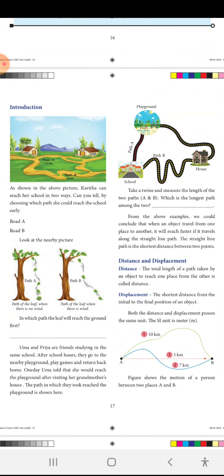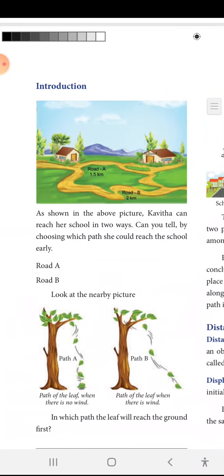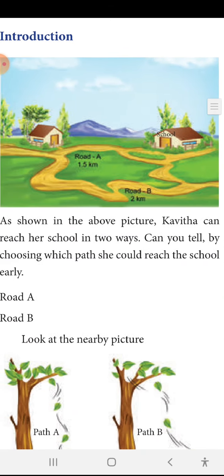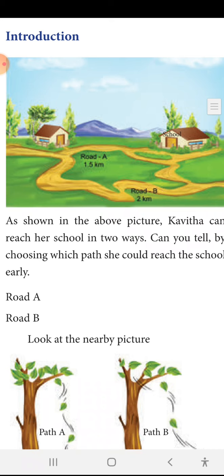See the diagram which is given in your book. There is a house and a school, isn't it? Between the house and school, two or three roads are running. The first road is marked as A. If you follow road A, you need to travel 1.5 kilometers to reach the school.